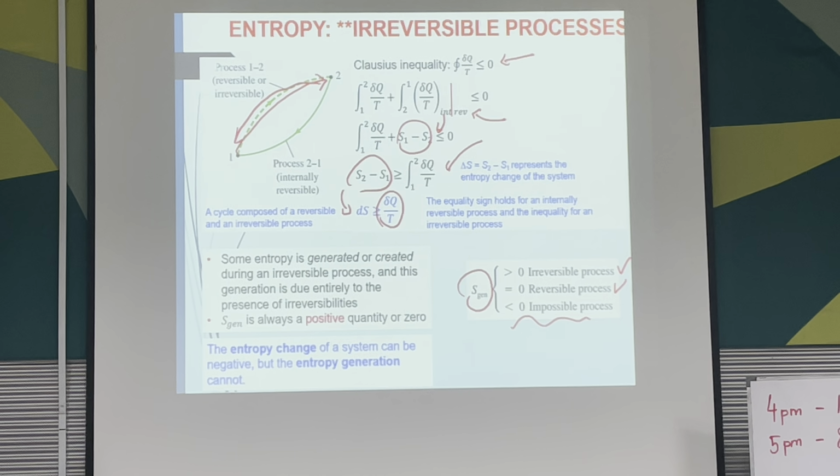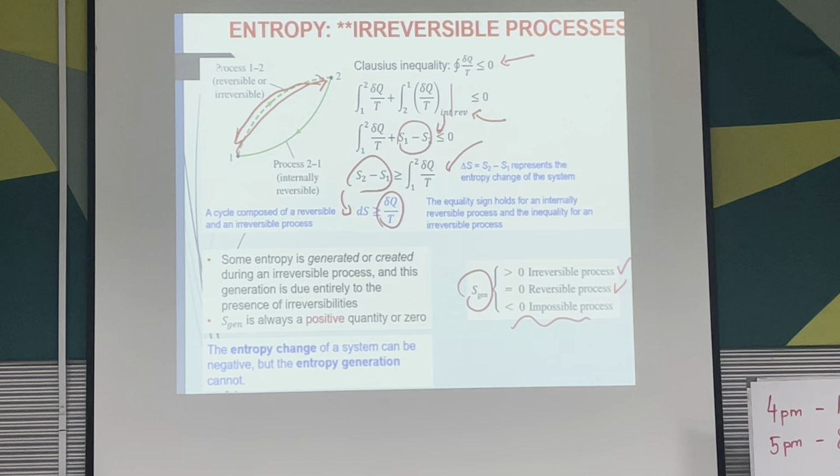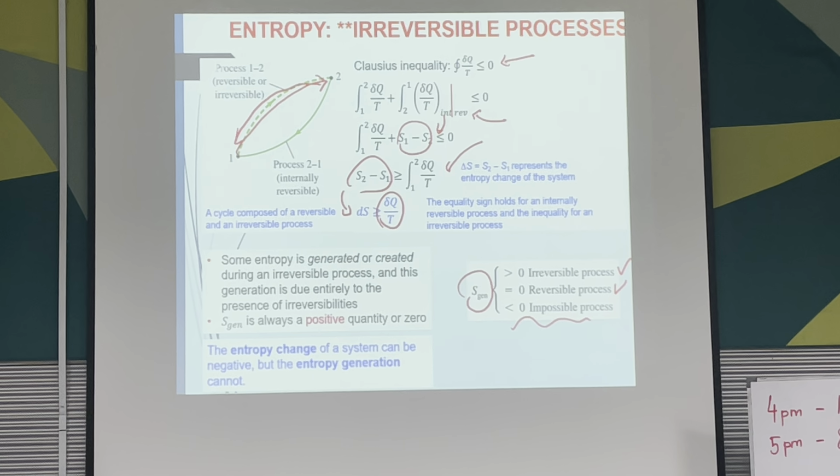If we come back to irreversibilities, remember we mentioned that irreversibilities are like energy loss, friction, heat generated and stuff. So all of the irreversibilities will eventually lead to heat loss. So that's why entropy will always increase, because you will always generate heat. And so S generated is always a positive quantity or 0.